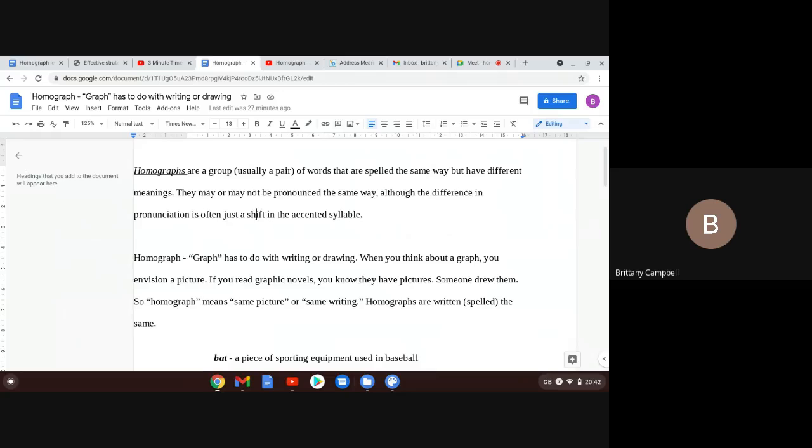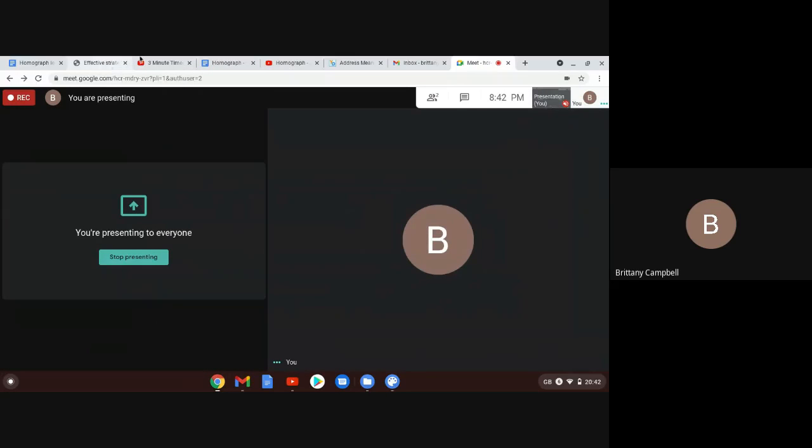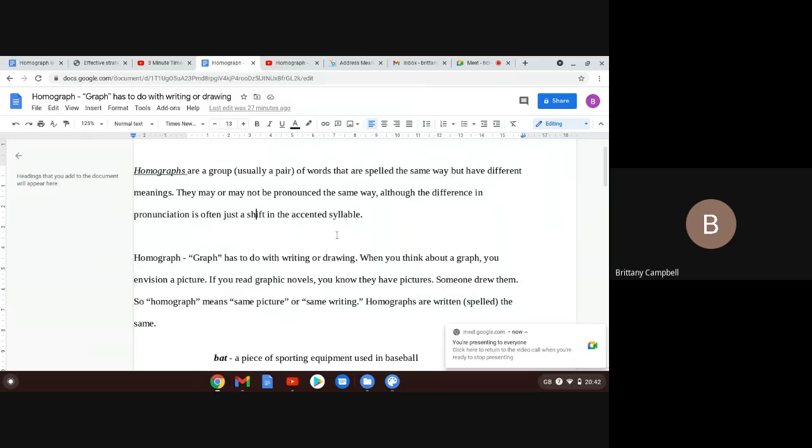All right, so just to remind us again that when we talk about homographs, I hope that you're able to read along with me. Homographs are words, usually a pair of words, that are spelled the same way, which we have just done, right?